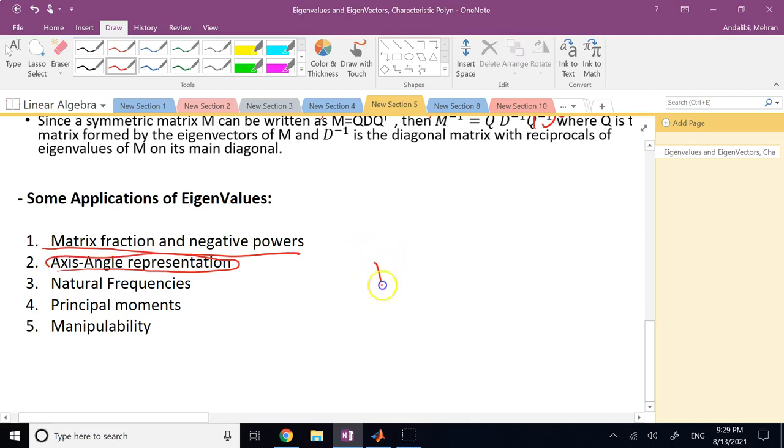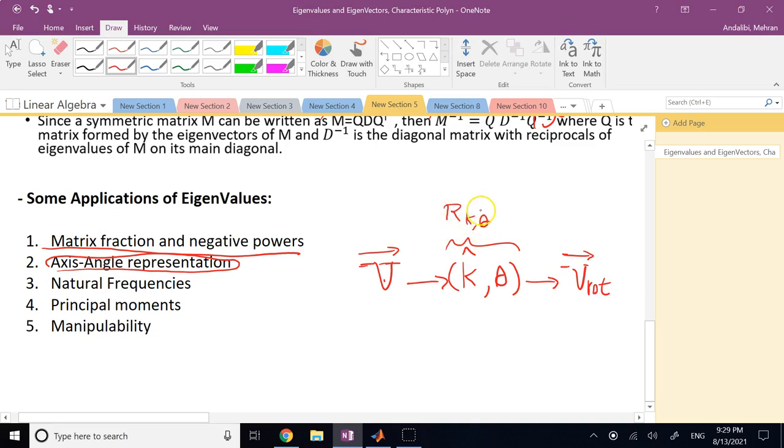If you rotate a vector v around the unit vector k with angle theta and get a rotated version of v, which we call v rotated, this rotation going from v to v rotated is given by what we call a rotation matrix R of k and theta, in robotics, which is called the Rodriguez formula.